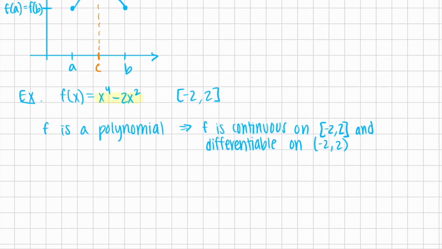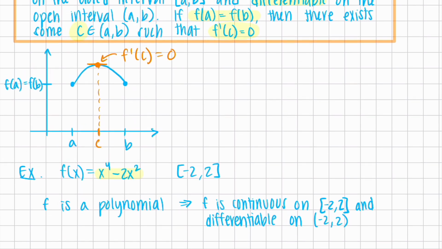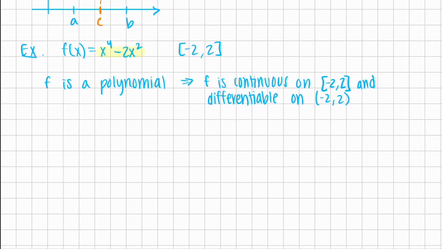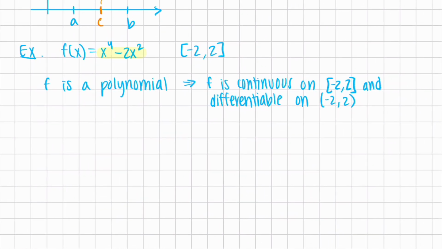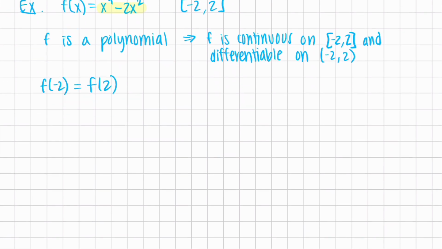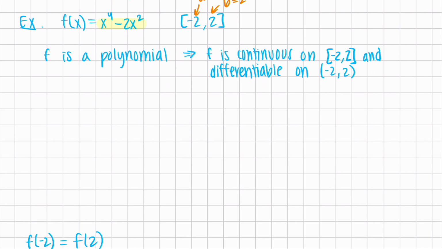The second thing that we need to check is the f of a equals f of b part. So here, keep in mind that your a is -2 and your b is 2. So I want to show that f of -2 equals f of 2. But let's do f of -2.